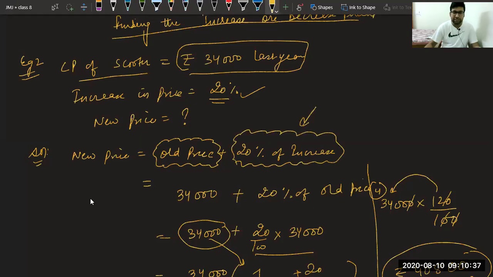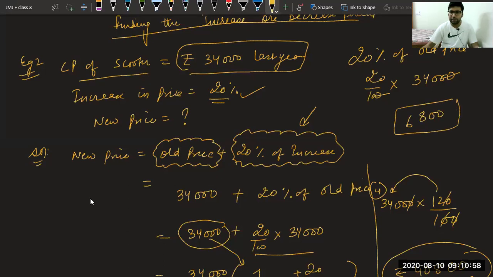We have to find this thing. If you find 20% of the old price, it is very easy. You can do it like this also. 20% of the old price means 20 upon 100 into 34,000. You can cut these. It becomes 2 4s are 8, 2 3s are 6, 00.